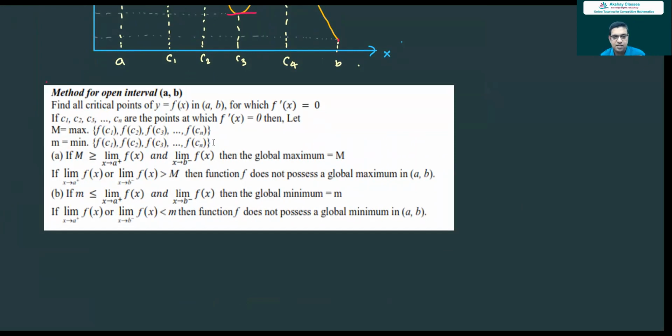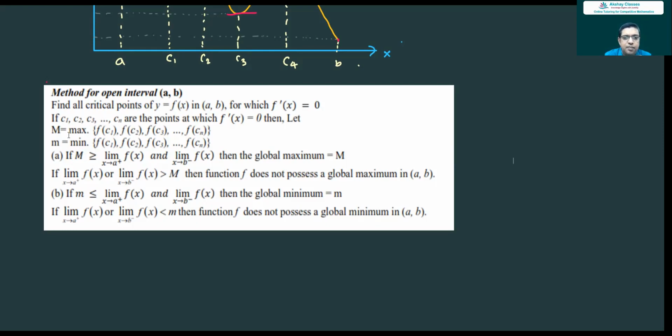Up to this, we omit f of A and f of B because A and B are not included within the interval. It's an open interval, so f of A and f of B are not a consideration. Amongst the critical points, we find M, capital M, which is the maximum of all the function values at the critical points, and small m, which is the least of all the function values taken at the critical points.